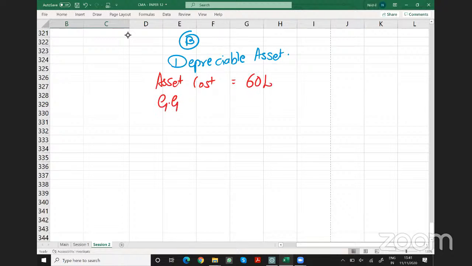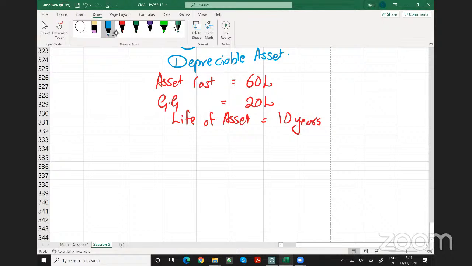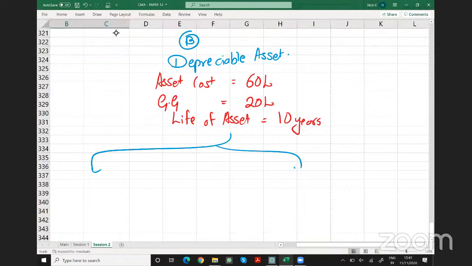Government grant received is 20 lakhs. Life of an asset is 10 years. Okay. So what should we do now? So you have two methods basically to follow. Method 1 and method 2.